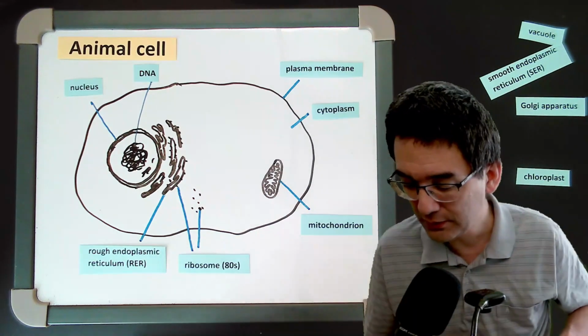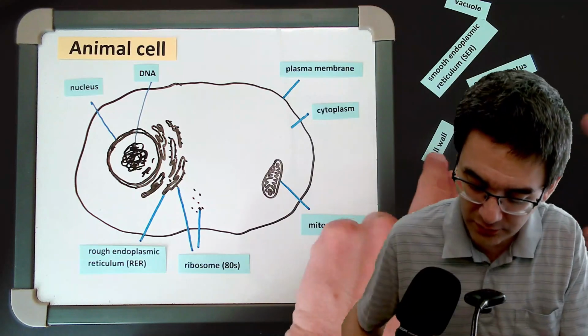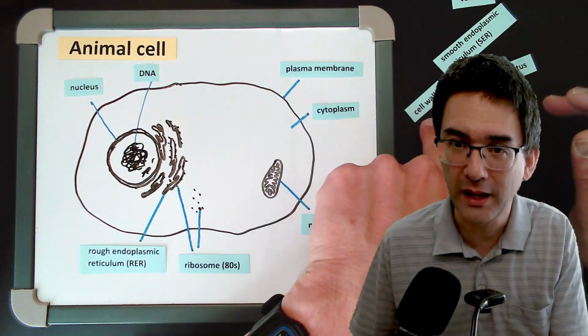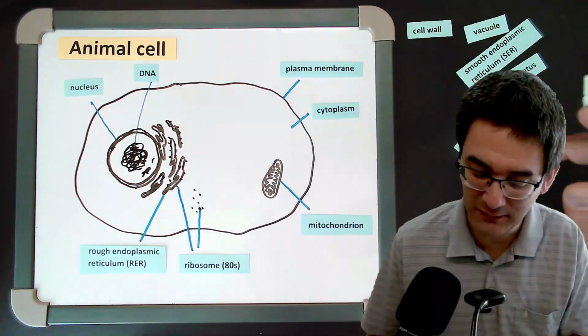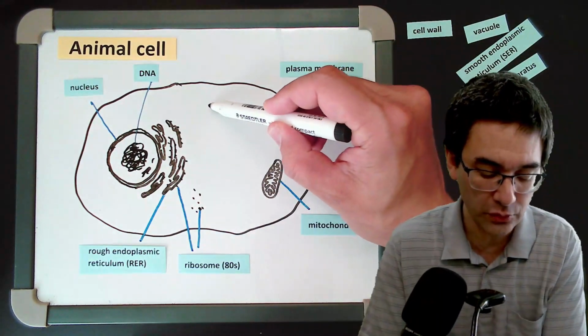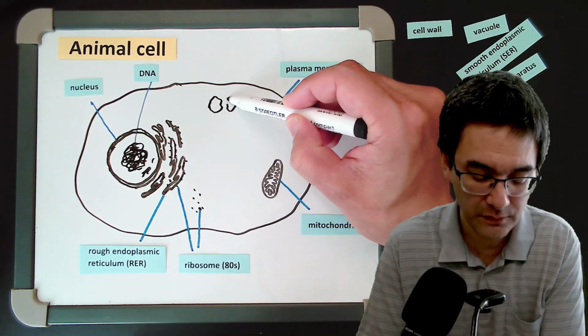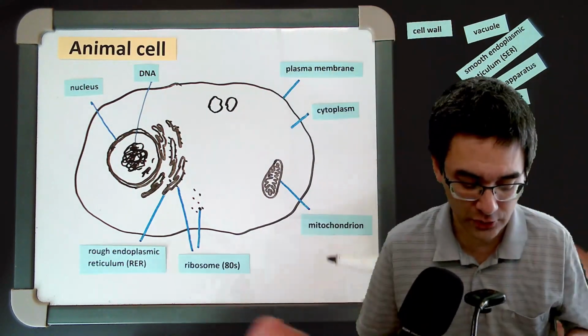So I go on. There are still a few other interesting structures, so many more I have to fit in here. Some of them are actually relevant here, like the cell wall. They're not relevant here because this is for an animal cell. So what I'm going to do now is draw a little line here. These are membranes again, and these are vacuoles.